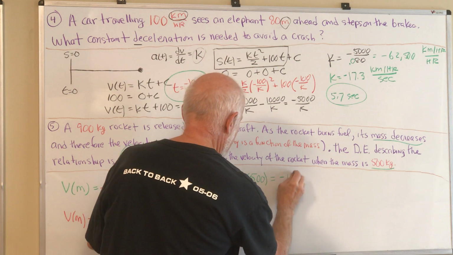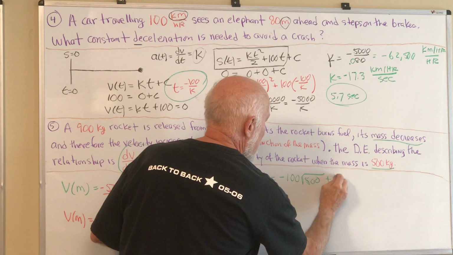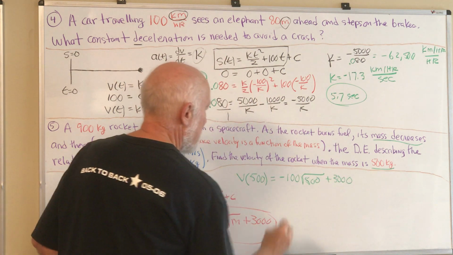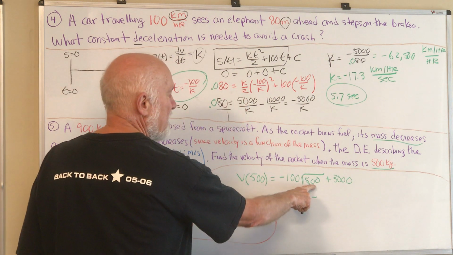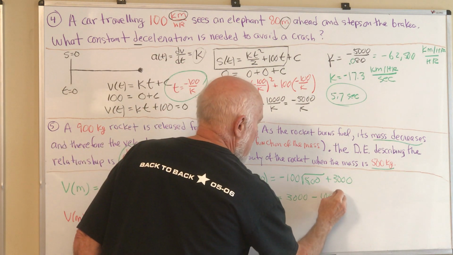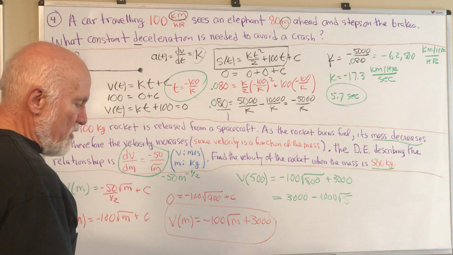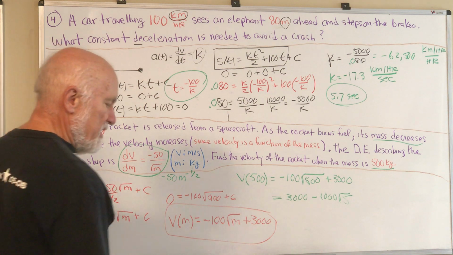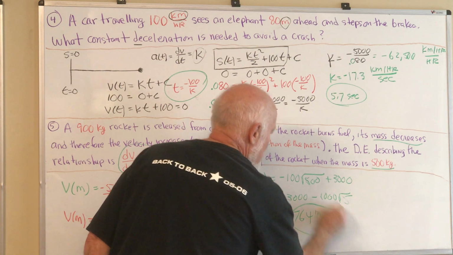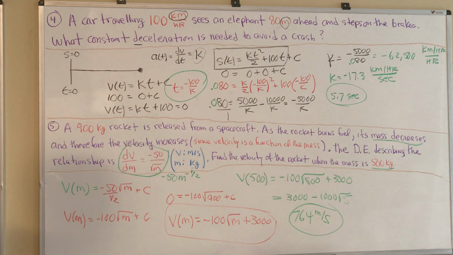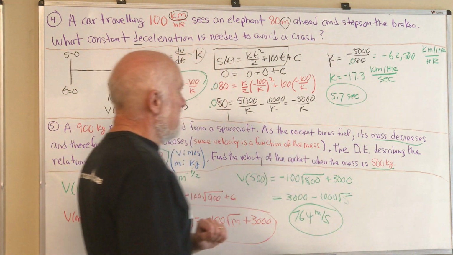So it's minus 100 times the square root of 500 plus 3,000, which is 3,000 minus 1,000 root 5, which turns out to be about 764 meters per second. So that's what the velocity of the rocket ship is going to be when the mass gets to be 500.